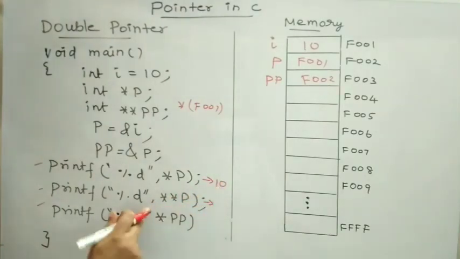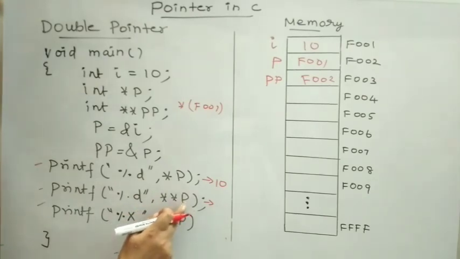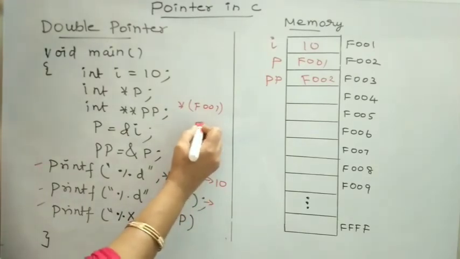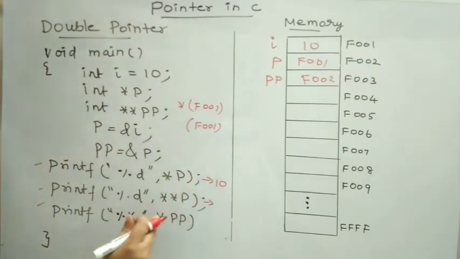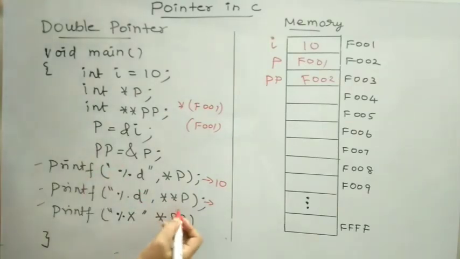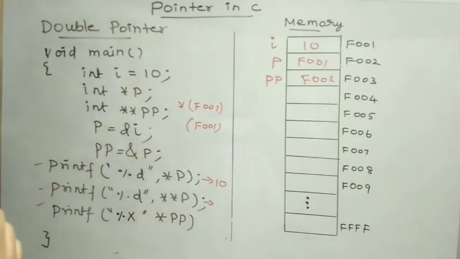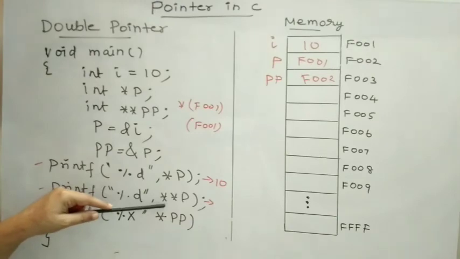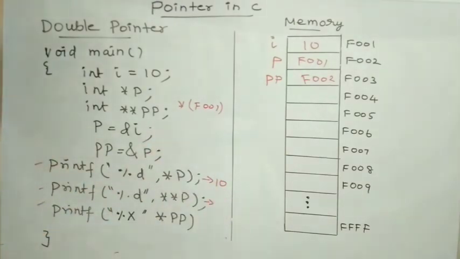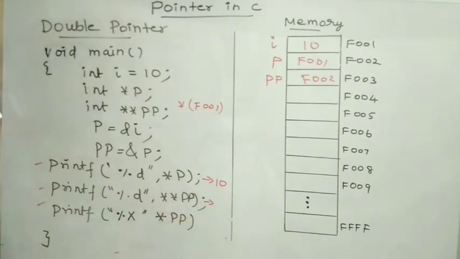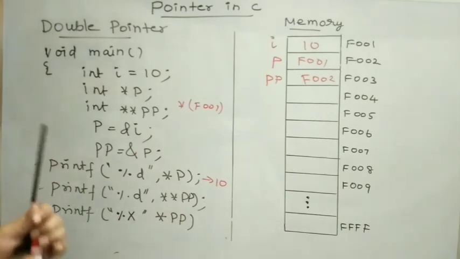Sorry, a small correction here. The double indirection operator can be applied to a double pointer. Here my pp is my double pointer. Let me check what the output is if I execute the second printf statement.